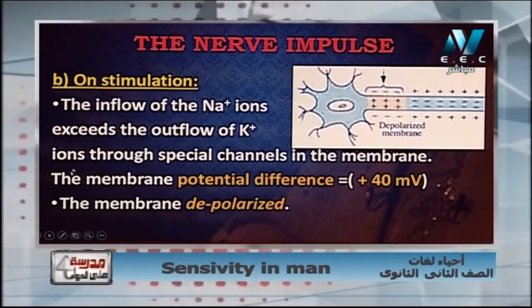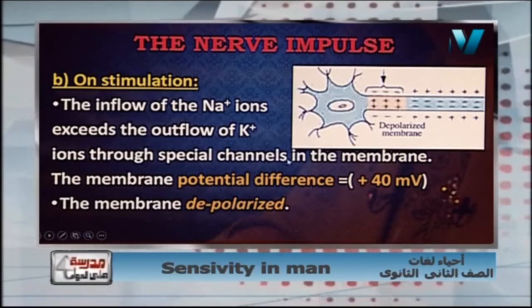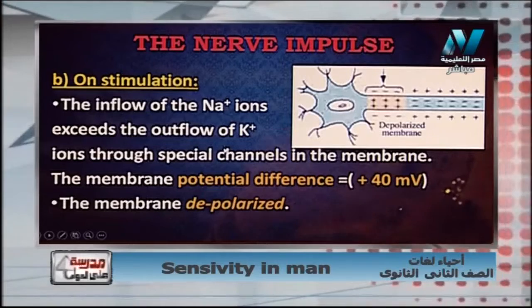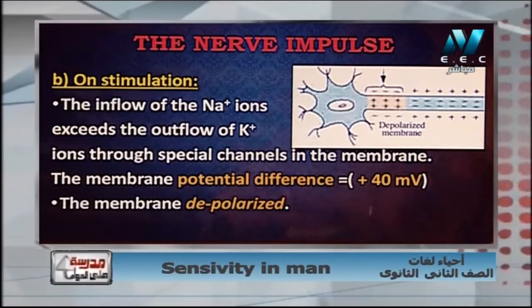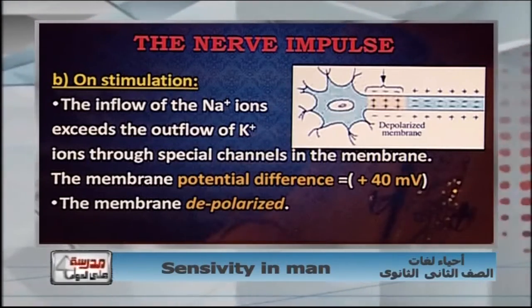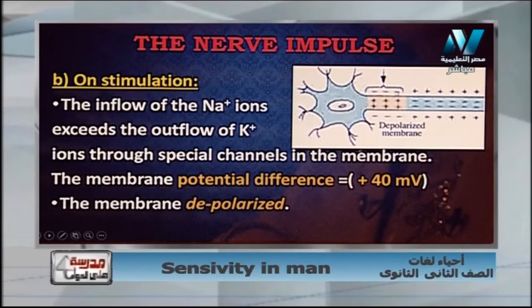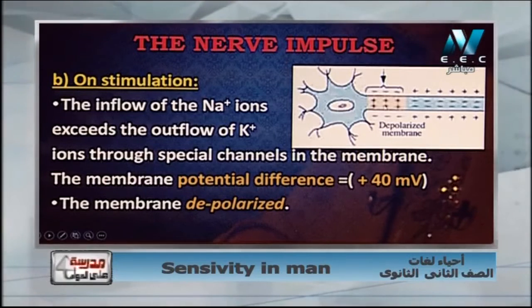So potassium ions go outside through special channels in the membrane. So the channels or the doors are opened now, and the ions are mixed outside and inside. So we notice that the negative charges are kept outside and the positive ones are present inside.